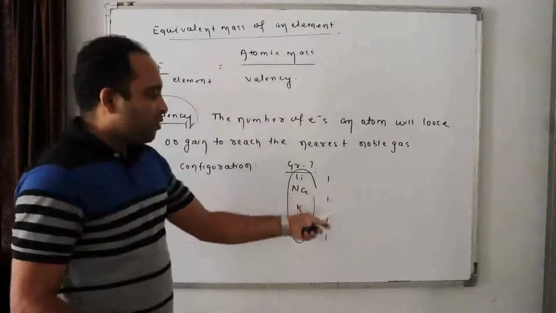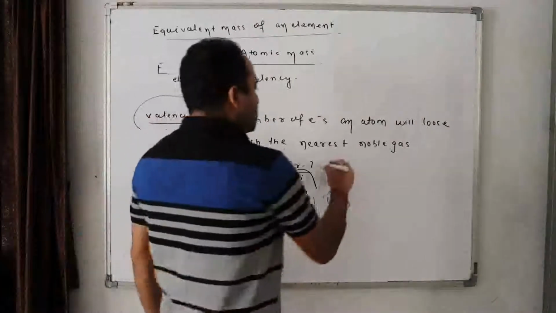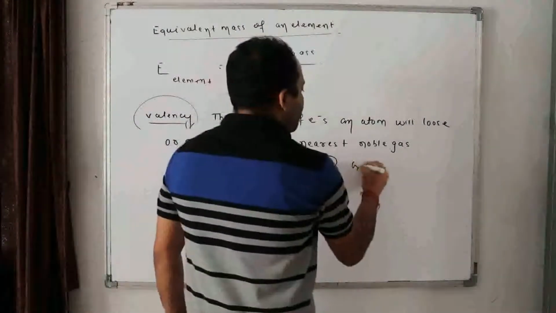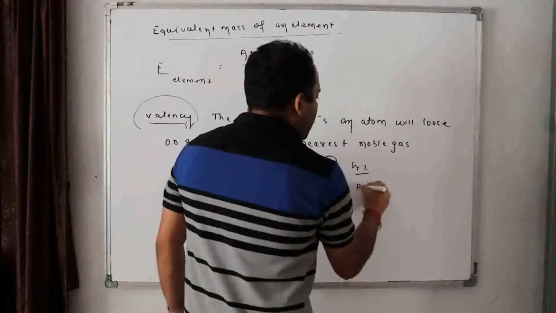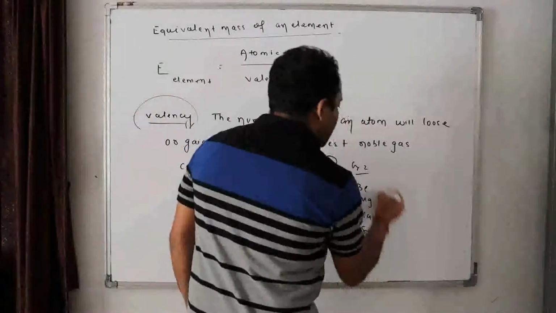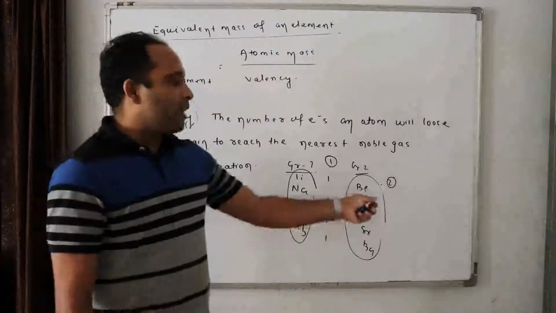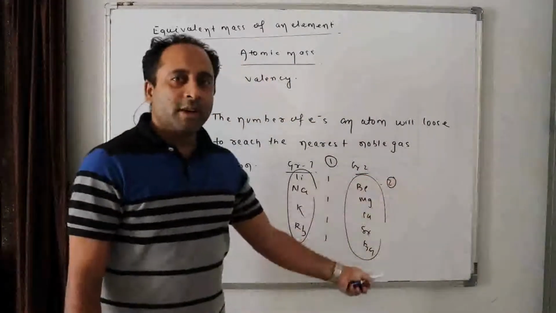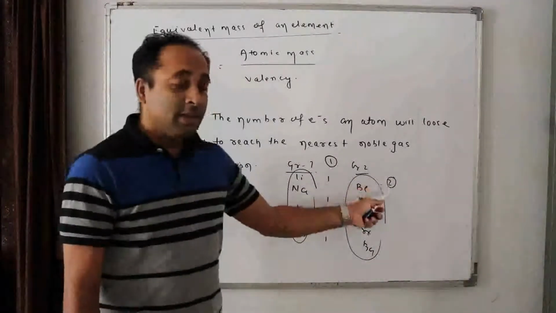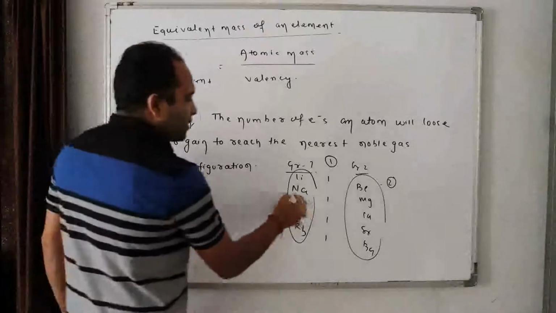If they give 1 electron, they will reach the nearest noble gas configuration. So valency of group 1 is 1. Similarly, group 2, who are they? Beryllium, magnesium, calcium, strontium, barium. Their outermost shell electrons are 2. If they give these 2 electrons, they will reach the nearest noble gas configuration, as you studied in your junior classes.